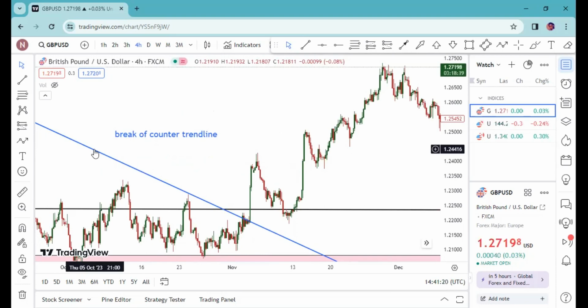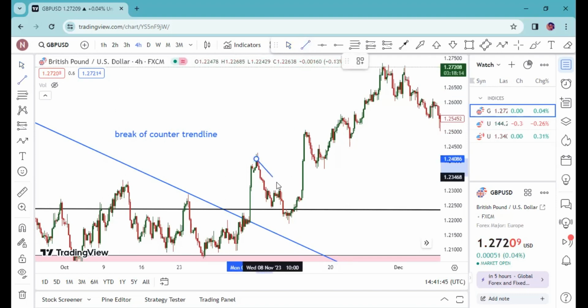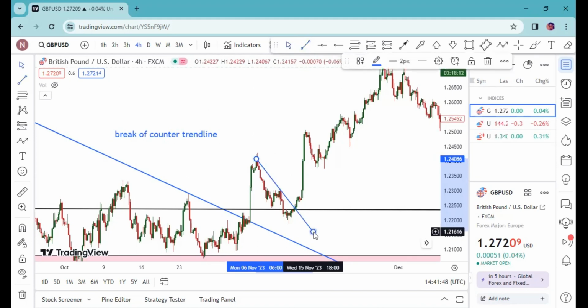Counter trend line is this small line that goes against the trend of the market. How do I place my counter trend line? I just pick a small line from this body to this body.